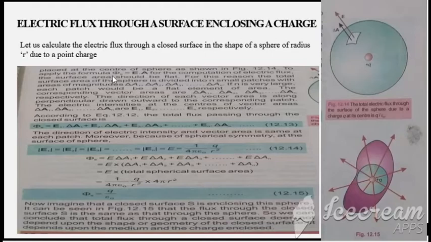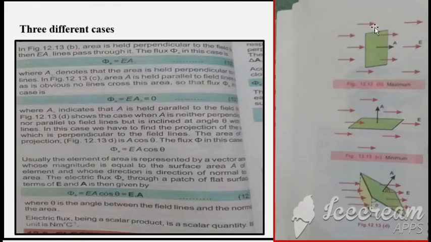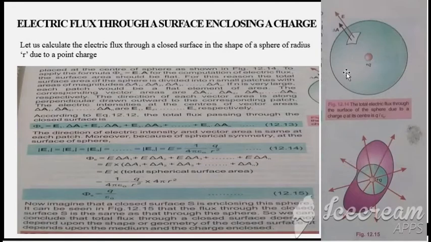To apply the formula phi is equal to E dot A for the calculation of electric flux, the surface area should be flat. In the previous topic, we considered flat surfaces. You can see that these are flat surfaces, whereas this one is not a flat surface.